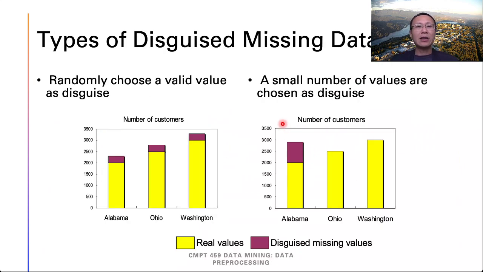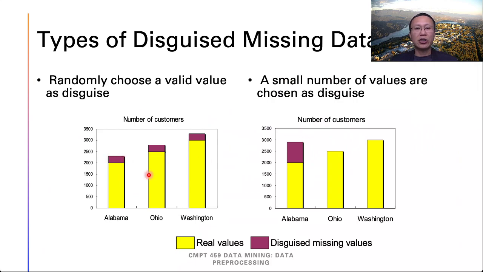There are different types of disguised missing data. One is that we randomly choose a valid value as disguise. Another is that a small number of values are chosen as disguise heavily. For example, if we have the number of customers, we look at how many of them may use a disguised missing value.